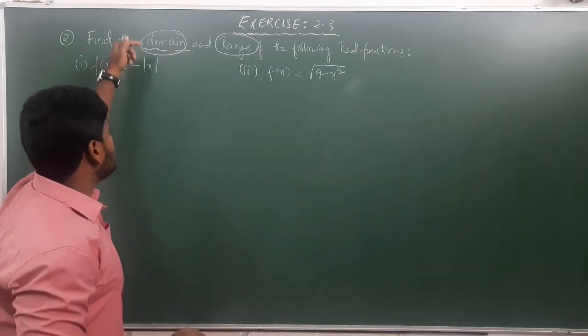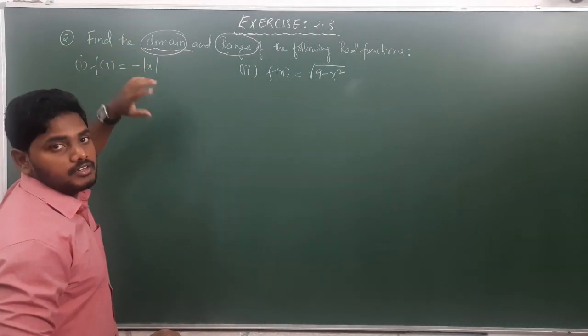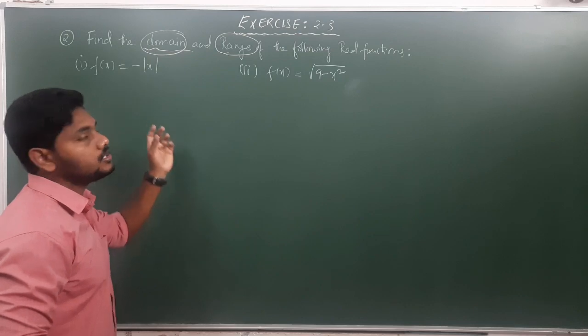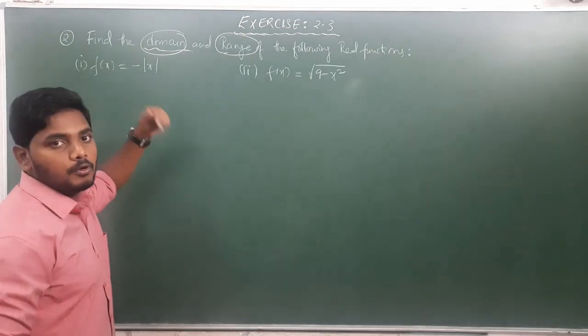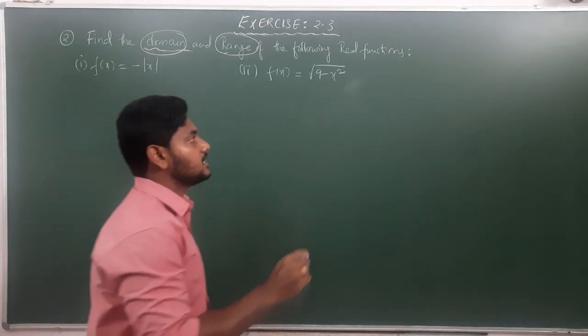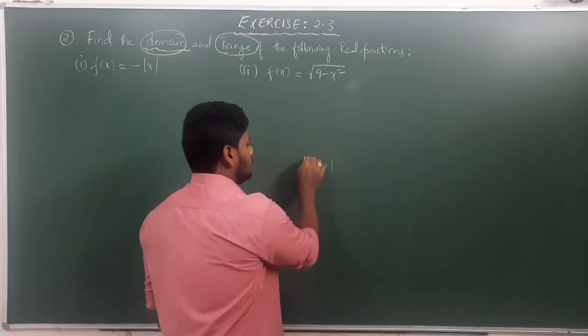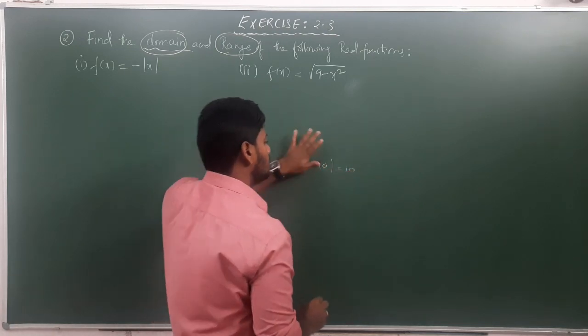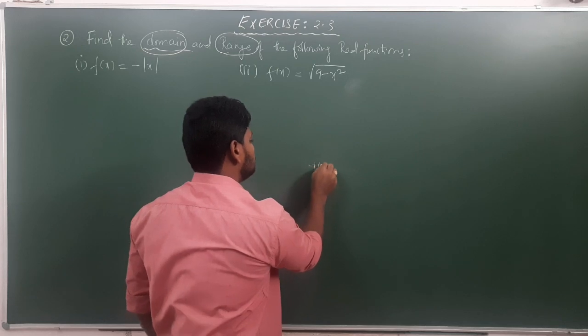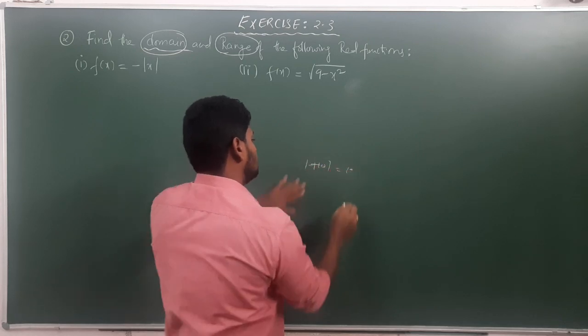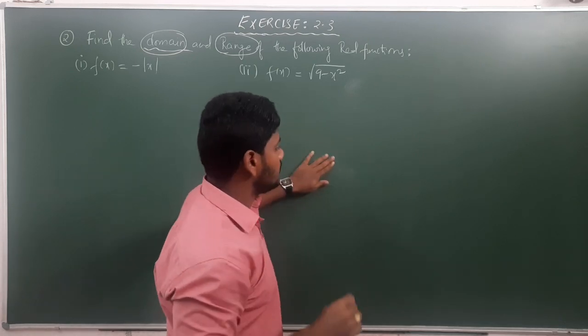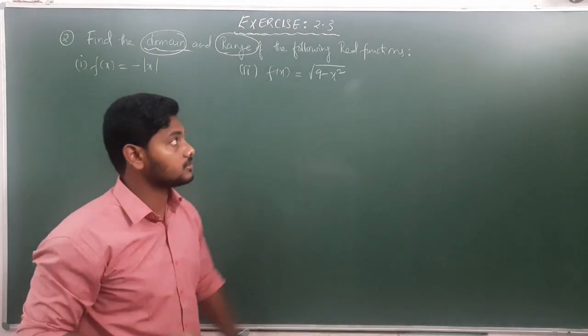Whatever you substitute, whether it may be negative or positive, what will it give as output? Positive of that given number. For example, if you substitute minus 10 in that modulus, what will it give? Plus 10 only. If you give plus 10, it gives plus 10 only. So whatever you put, the positive of that number it will give.